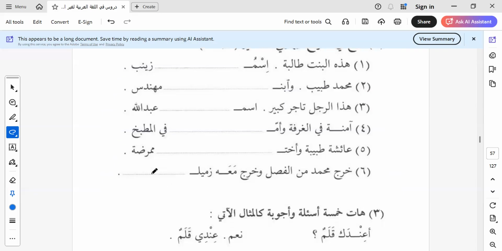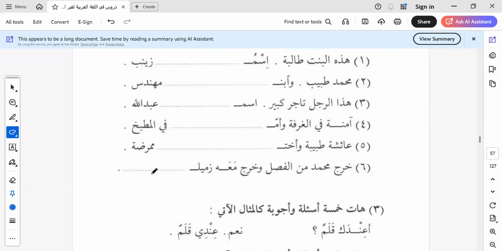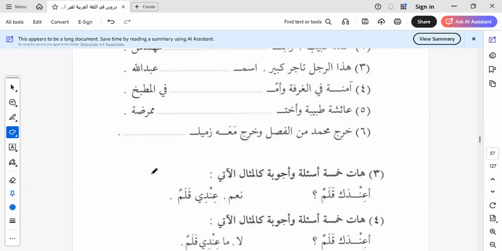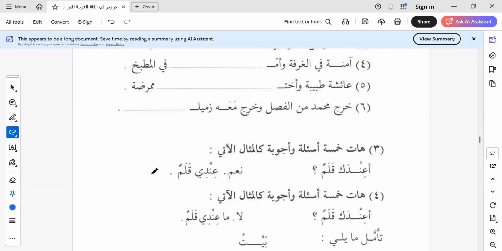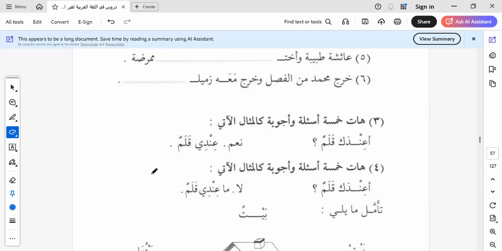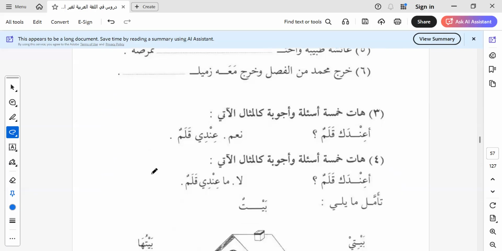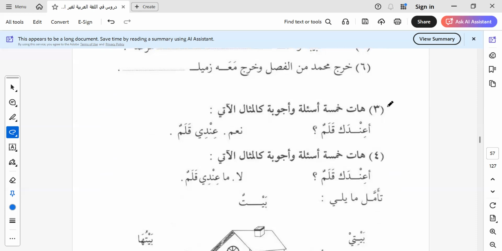So, Aminatun fil ghurfa, Aishatun tabiba, wa ukhtuha, and all of that. Now this question 3. Can someone try to read this? It doesn't matter whether you read it wrong or not. Just read the way it appears to you.